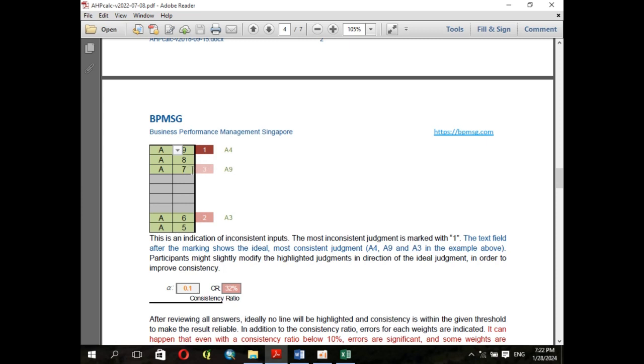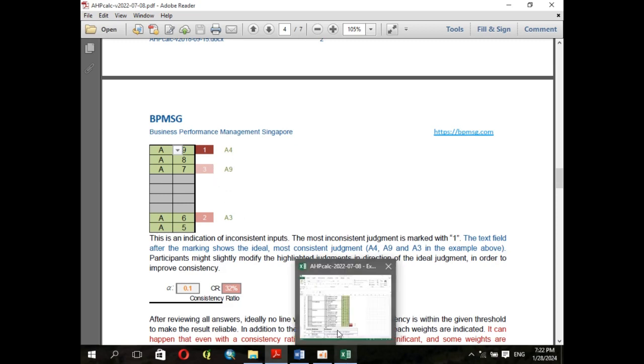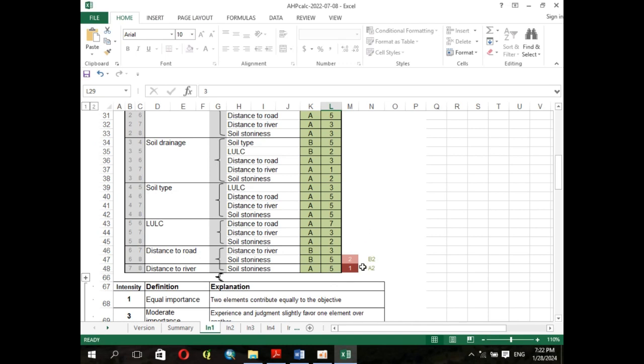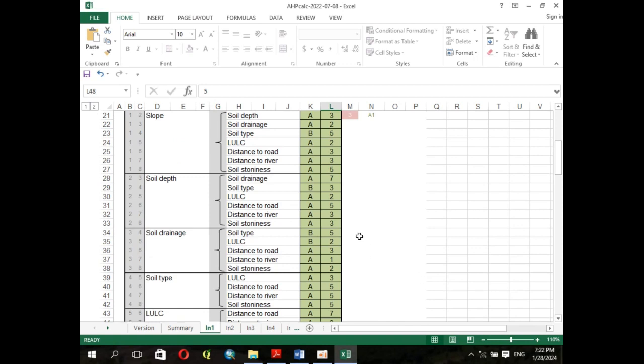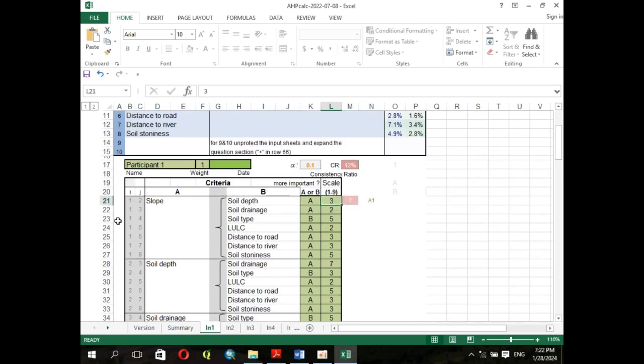Therefore you should make some correction on those judgments in order to make your consistency ratio within the acceptable limit. Therefore, let us first work on the highly sensitive case. Let us start from the easiest one.